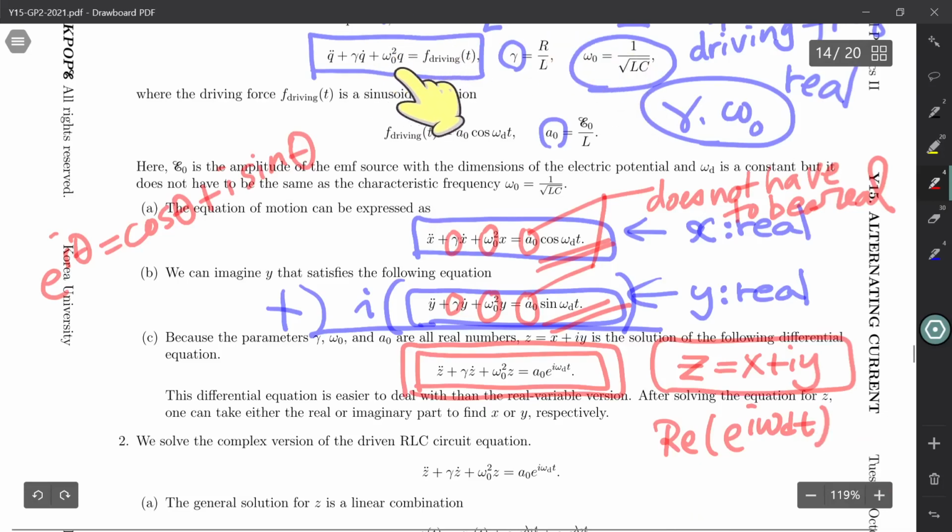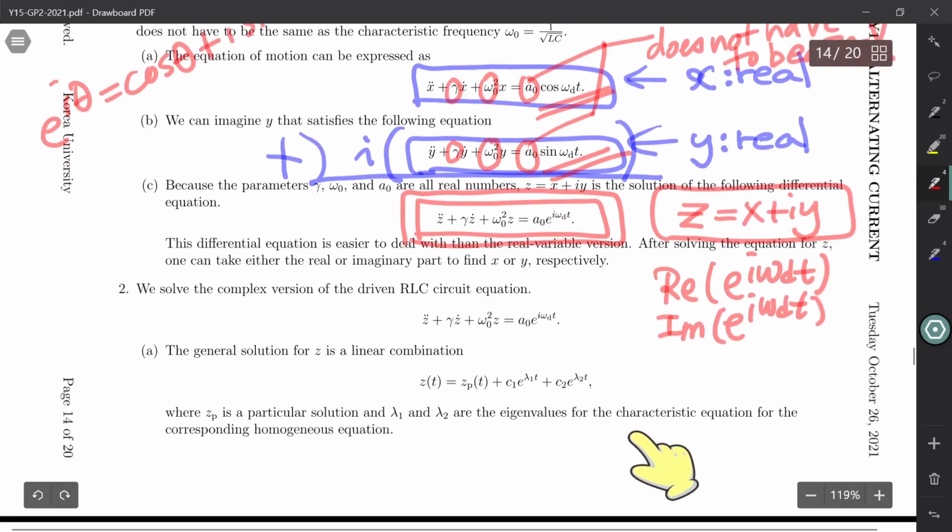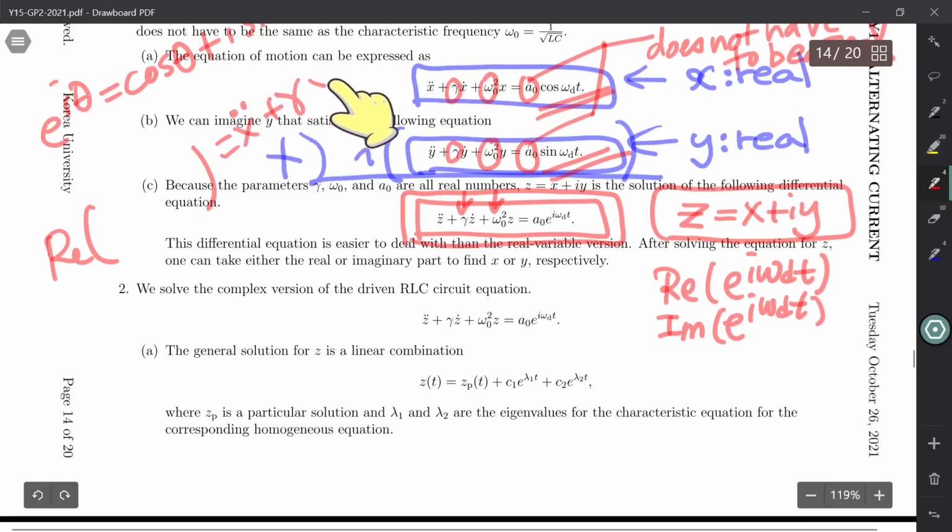If I want to solve the problem for sine, we take the imaginary part of this. Because gamma and omega 0 are all real, the real part of the left-hand side is x double dot plus gamma x dot plus omega 0 squared x.